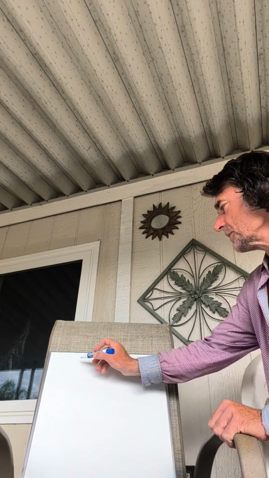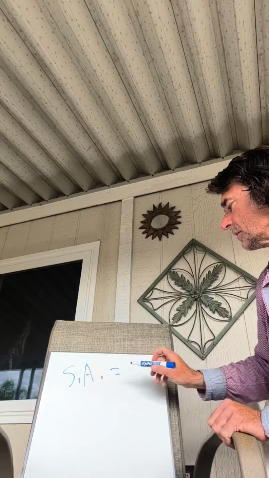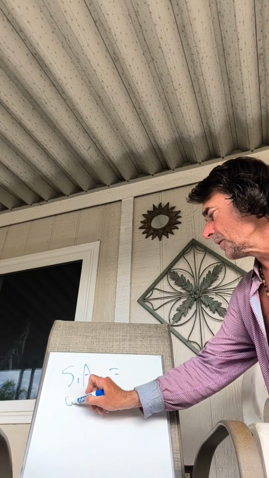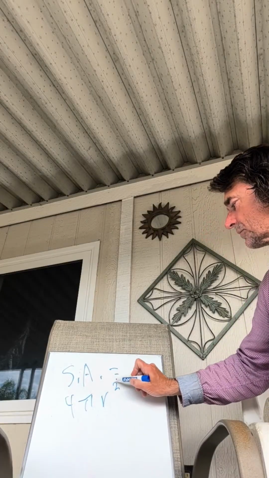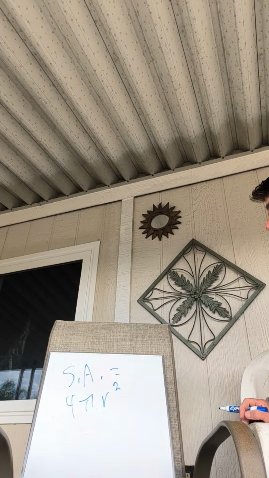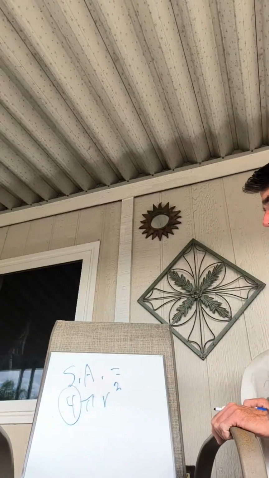Now I'm going to talk about a sphere. What's the surface area, that's SA, of a sphere of radius r? It turns out that it's 4 pi r squared. The surface area of a sphere equals 4 areas of a circle of equal radius.